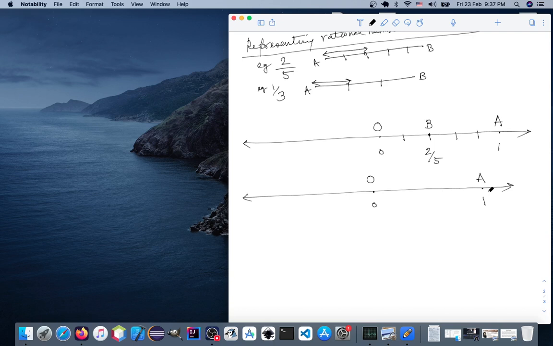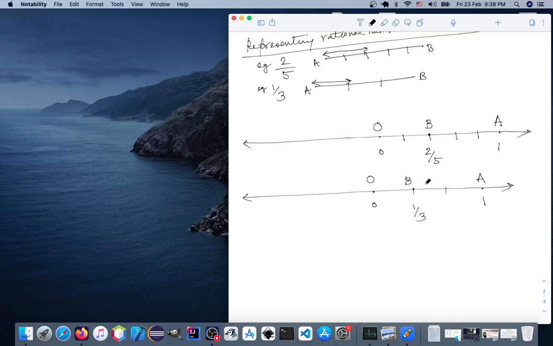For 1 by 3, we need to divide this unit distance OA into three equal parts, 1, 2, 3, and now 1 by 3 means one such equal part. So from origin we go one such part. So this is 1 by 3. The point B in the second number line denotes the rational number 1 by 3.